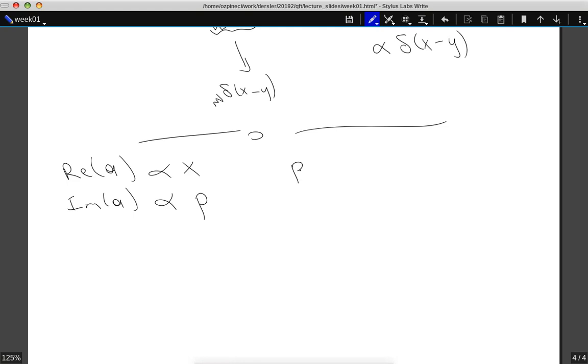So the quantization condition, [x, p] equal to i h bar, is actually the same thing as [a, a dagger] equal to i h bar. Now instead of a and a dagger, we have phi and phi dagger.